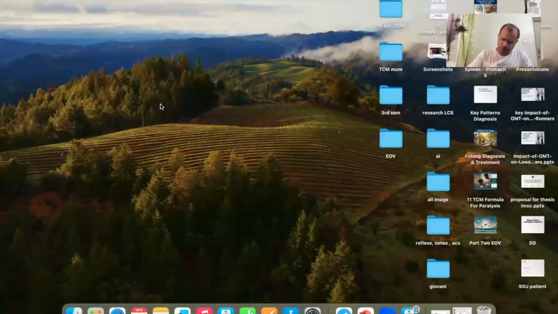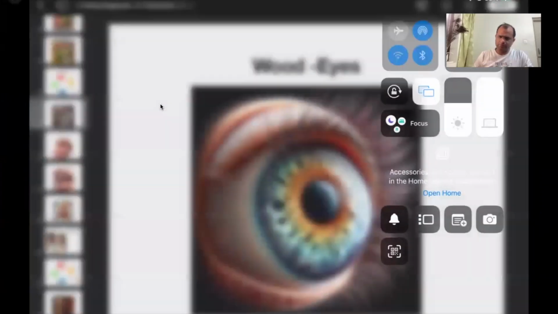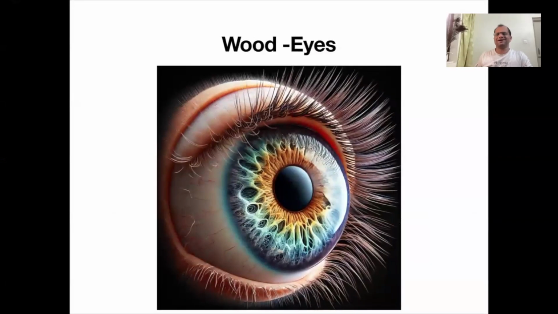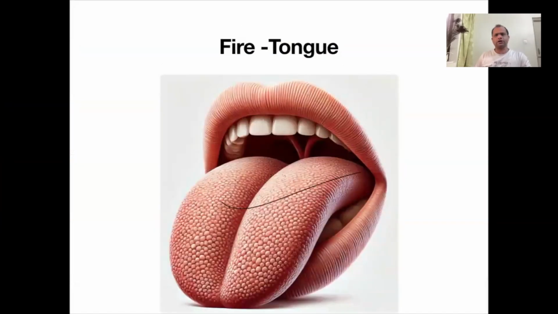So 5 element means everything is made by 5 elements. But here we are talking about the eye, whole eye. So we can consider as a wood. If the person is suffering with a problem in the eyes, we will be treating the wood, we will be treating the liver and gallbladder. In the same way, if the person is suffering with a problem in the tongue, tongue is doing the representation of fire.